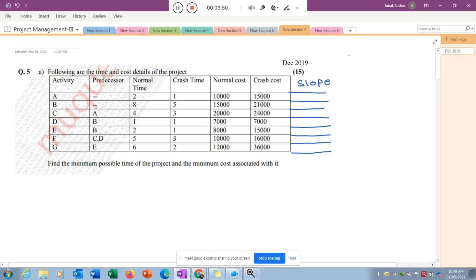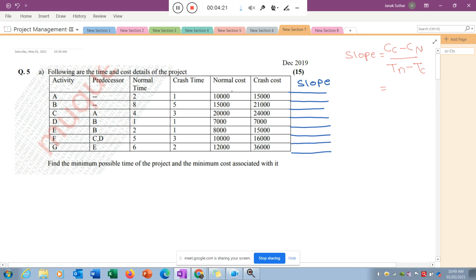As we discussed in the last lecture also, slope is nothing but the crash cost minus the normal cost, divided by T normal, meaning normal time, minus T crash time. So if I talk about activity A, what is the normal time?